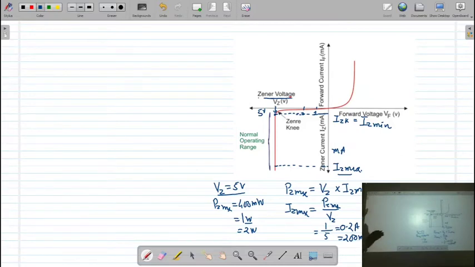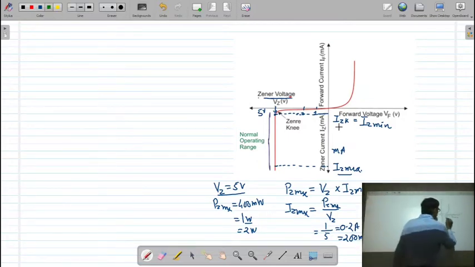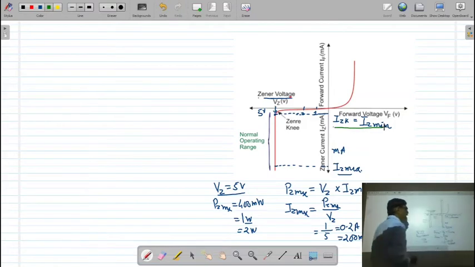When we design the regulator circuit, we should know the maximum current of a Zener diode. The second thing you should remember is that if the current in the Zener diode is less than IZK, the minimum, then you will not get a constant output voltage, because the Zener is not in the breakdown region.